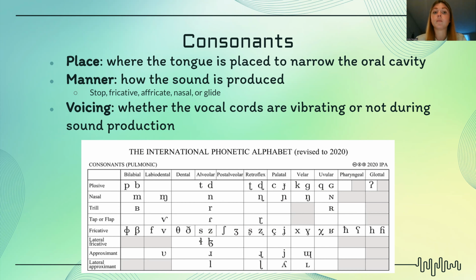Manner is the way in which the sound is produced. We'll go into all of those later in the lecture. And then voicing, which is a pretty simple one, is whether or not you are vibrating your vocal cords during the sound.